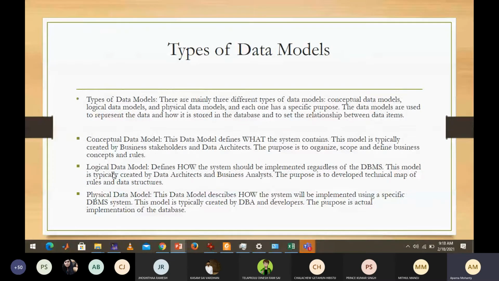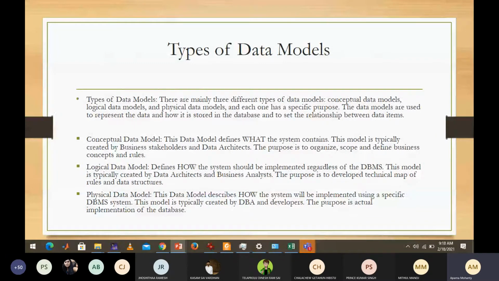Logical means how it is done, how the concept is answered by the logical data model. This model is typically created by data architects and business analysts. Here no DBMS is followed. Logical data model means you answer the question of how that data is created, like how the rain is increasing.